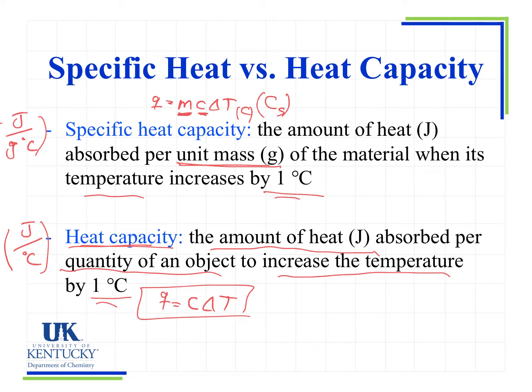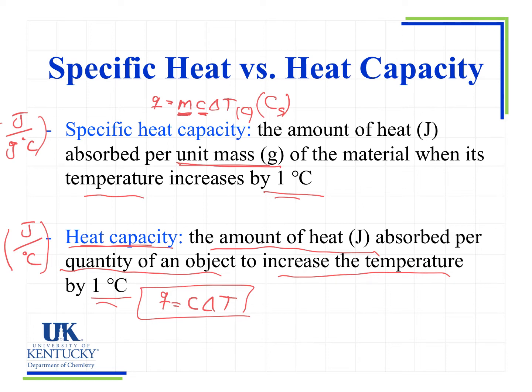Instead, they measure the amount of energy for this mass of calorimeter with all of its components. They measure that and say, okay, to increase the temperature of this whole calorimeter by 1 degree takes this amount. So for a calorimeter, usually what we have is heat capacity instead of specific heat.